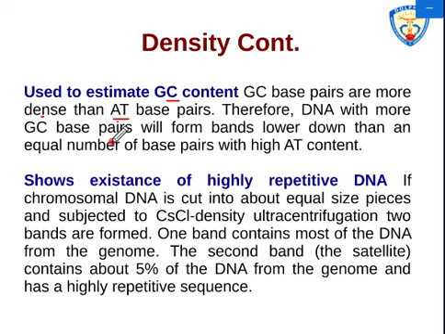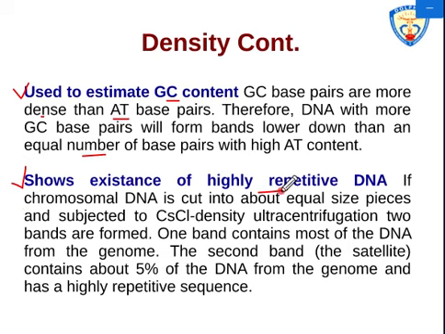Therefore, DNA with more GC base pairs forms bands lower down on the centrifuge tube as compared to an equal number of base pairs with high AT content. So we can estimate whether our DNA sample has high GC content or high AT content by this density gradient centrifugation technique. A second application of this technique is to show the existence of highly repetitive DNA sequences.